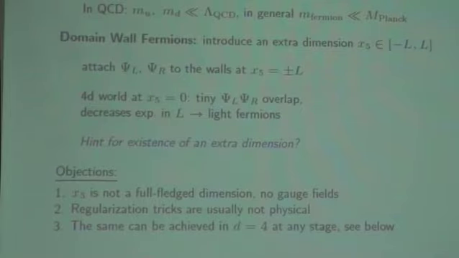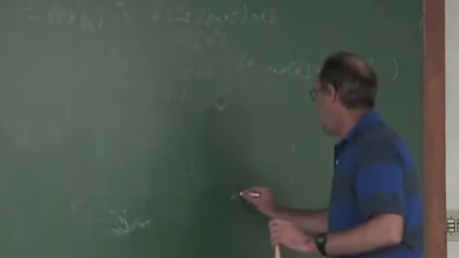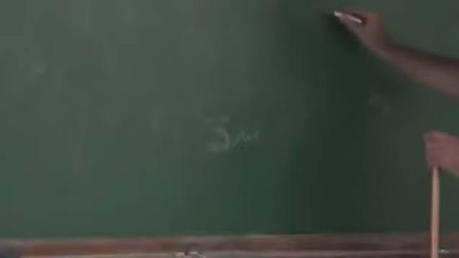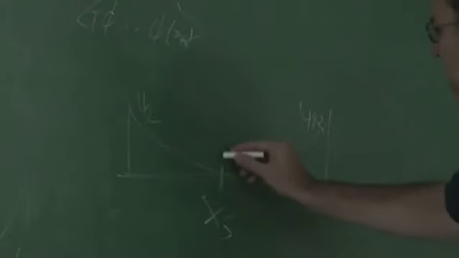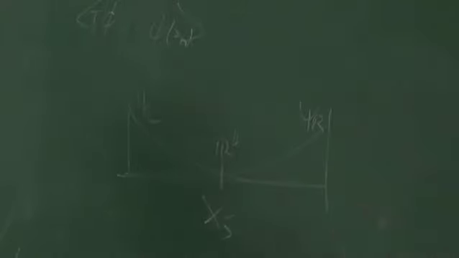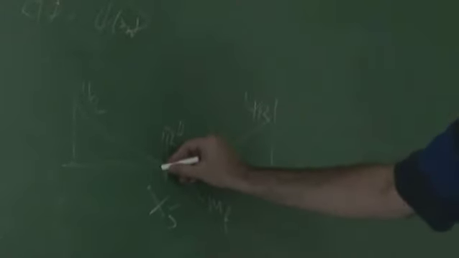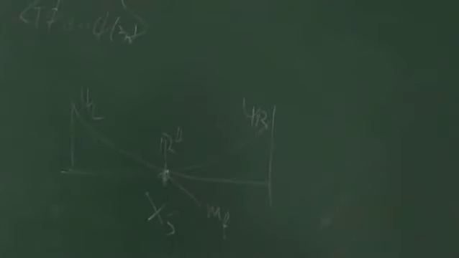They attach the left-handed fermion to the one wall and the right-handed to the other wall, and then they say, well, the real world is living here, R4 or also Minkowski space, and if we separate them well enough, then the fermion mass is given by the overlap between the two wave functions, and then this is getting very small.